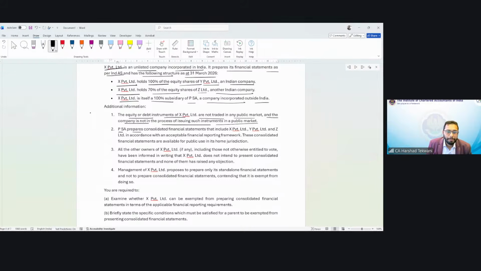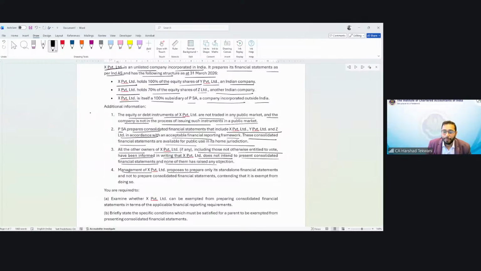PSA prepares consolidated financial statements that include X, Y, and Z in accordance with an acceptable financial reporting framework. These consolidated financial statements are available for public use in the home jurisdiction. All the owners of X Limited, including those not otherwise entitled to vote, have been informed in writing that X Private Limited does not intend to present consolidated financial statements, and none of them has raised any objection.